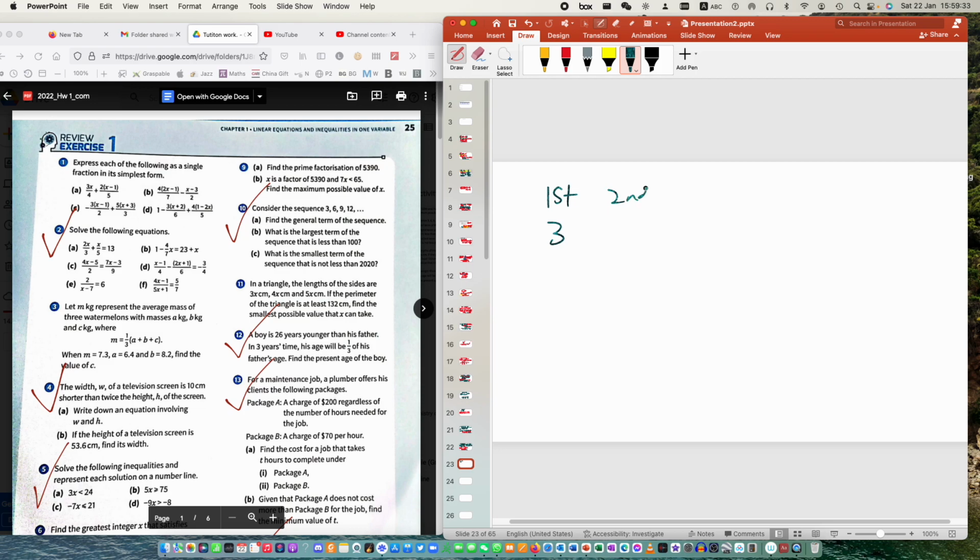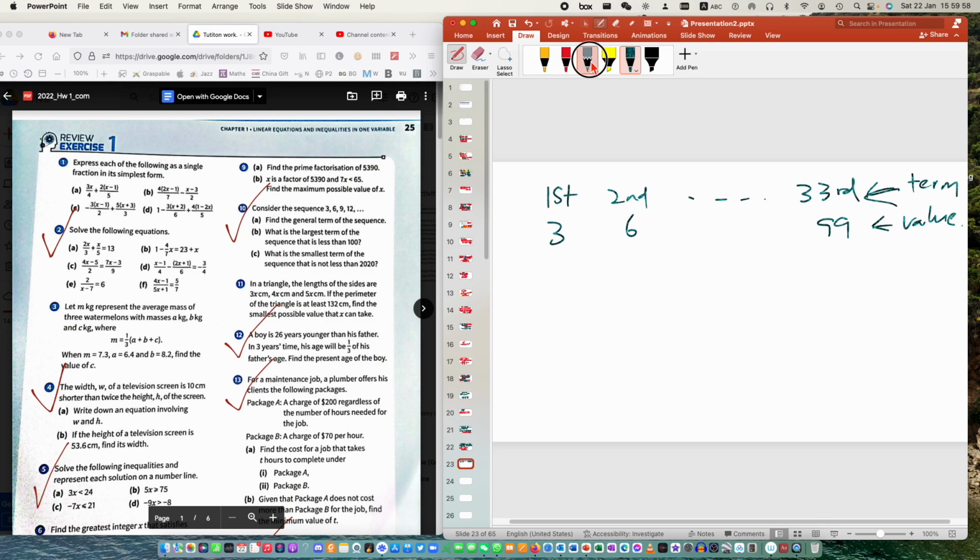The second term is 6. The term is the 33rd term, but the value is 99. So this is called the term, this is called the value. So the question asks for the largest term, so the largest term is the 33rd. But if they ask for the values, then it is 99.